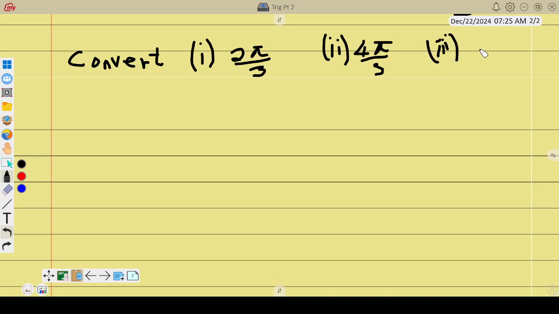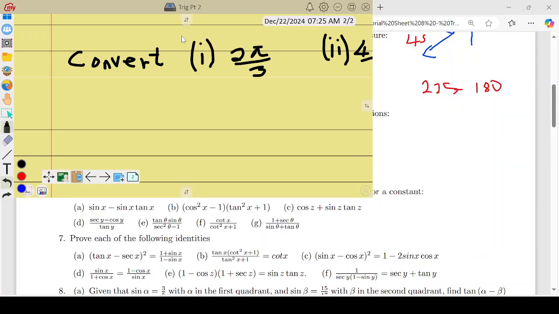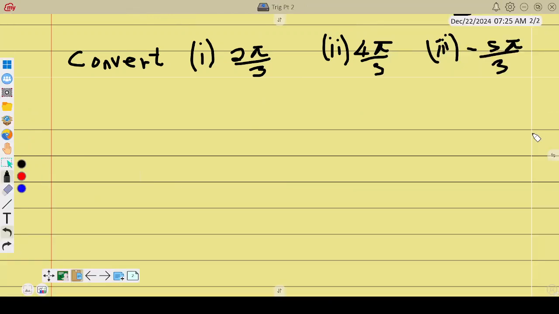We talked about conversions, and you should also do negative 5 pi over 3. I want you to do these 3. If you don't, then I don't know what you are looking for. You are looking for trouble.